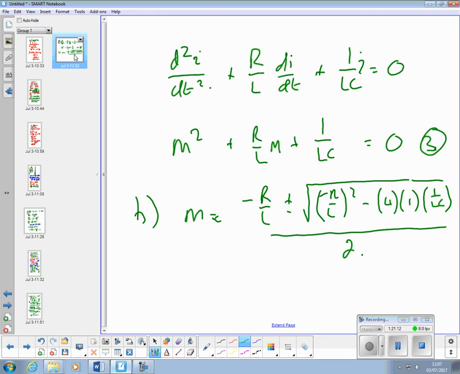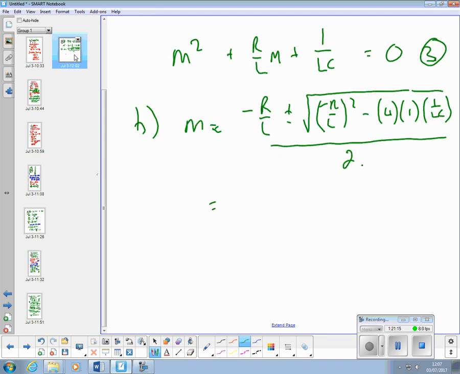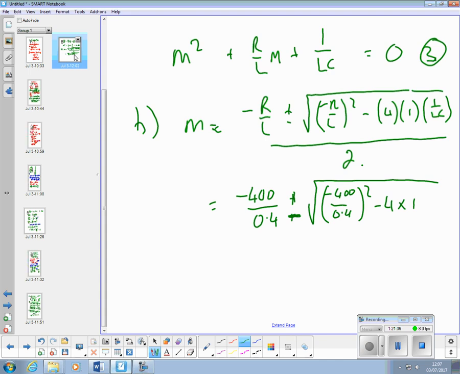Then you put the given values in, so it's equal to minus 400 over 0.4 plus or minus the square root of minus 400 over 0.4 squared minus 4 times 1 times 1 over 0.4 times 10 times 10 to the minus 6. You do all of that, okay?